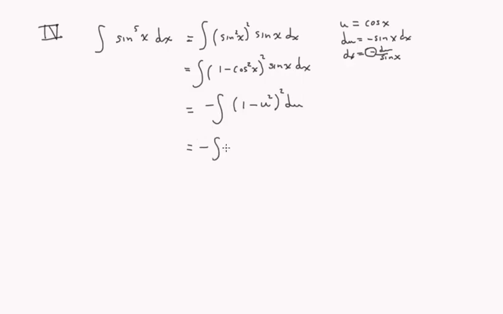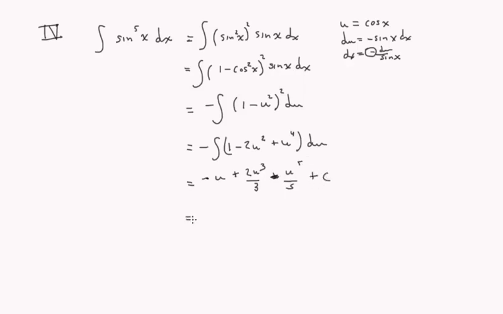Then it becomes a very manageable, when in a jam, expand type of situation. We could easily integrate this. I'm going to expand it, FOIL it. So 1 minus 2u squared plus u to the fourth du. And we keep going from there, and that final answer is going to be negative u plus 2u cubed over 3 minus u to the fifth over 5, plus c.